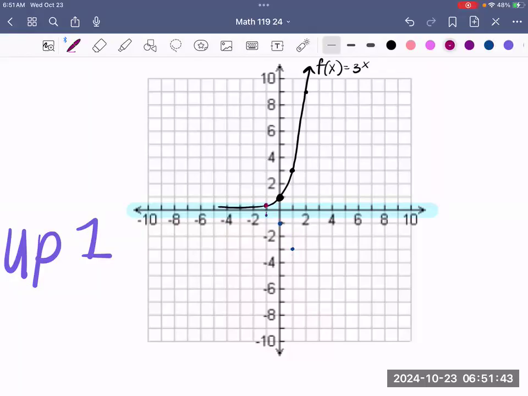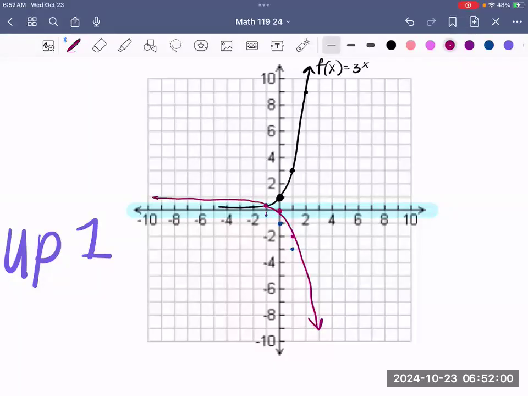So up here, and up, and there, and there. There we go. So this is your new graph.